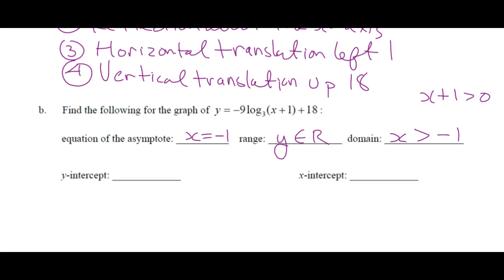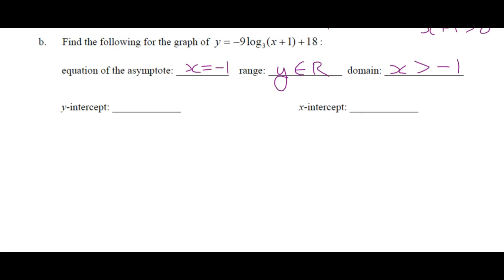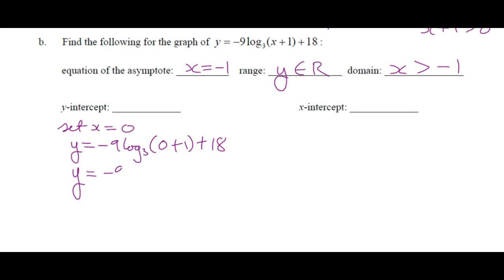Okay. What's the y-intercept? How do you get the y-intercept? Log base 3 of 1 is 0. Everything is 0 plus 18. Just 18, that's the y-intercept.